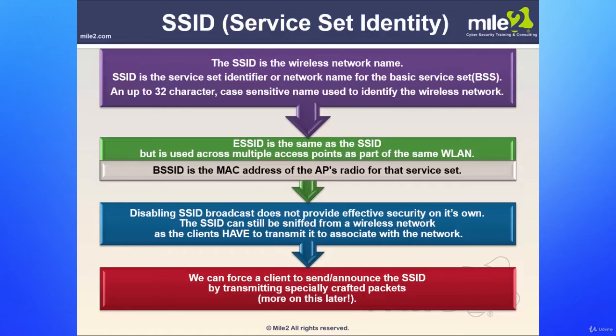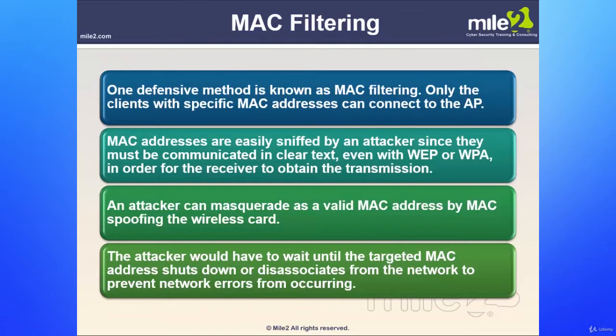Now what we could do is disable that SSID broadcast. However, it will not provide effective security on its own. It can still be sniffed from a wireless network, as the clients have to transmit it to associate with the network. We can also force a client to send and announce the SSID by transmitting specially crafted packets, which we'll talk about shortly. Another thing we can do to help protect ourselves is MAC filtering.